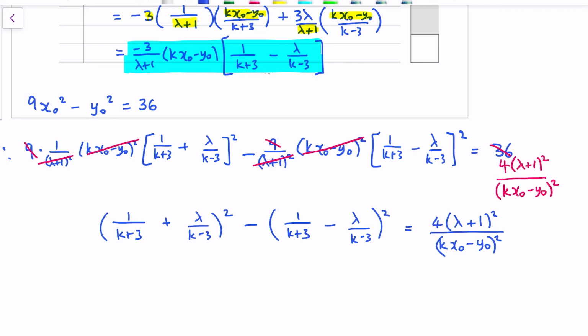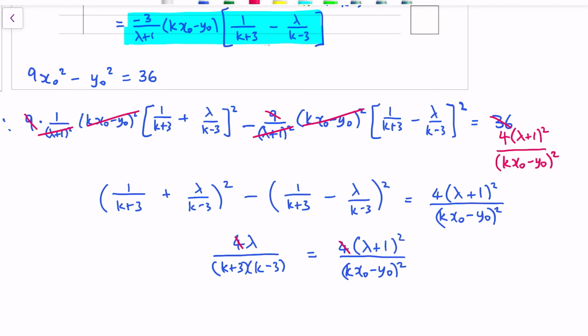The middle terms don't cancel. We get 2 lambda over k plus 3 k minus 3 plus another 2 lambda, so 4 lambda over k plus 3 k minus 3 equals 4 over lambda plus 1 squared times kx0 minus y0 all squared. You can cancel off the 4's on both sides and bring that bottom right thing up to the top left again. So we've got kx0 minus y0 all squared over k squared minus 9 equals lambda plus 1 squared over lambda.